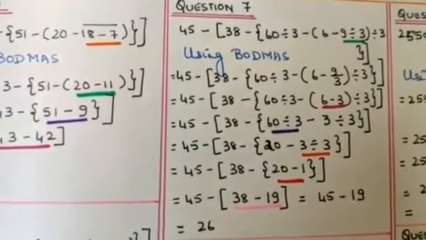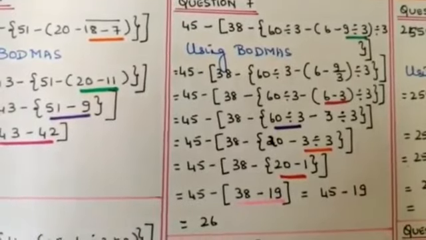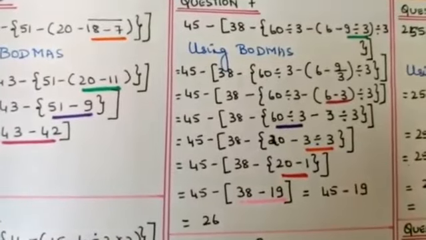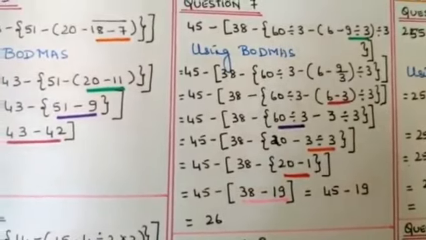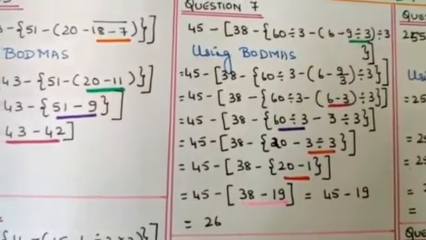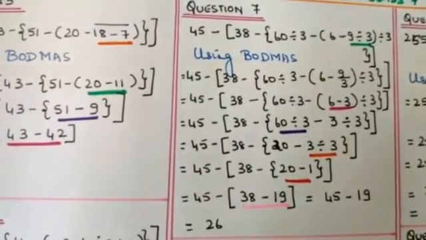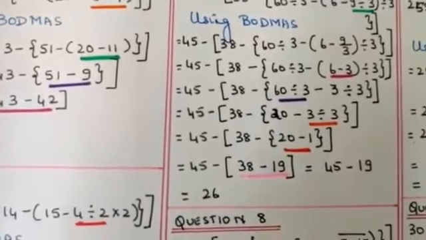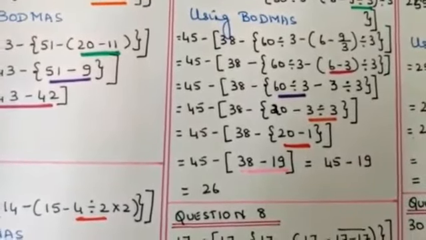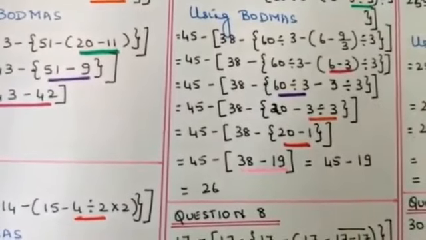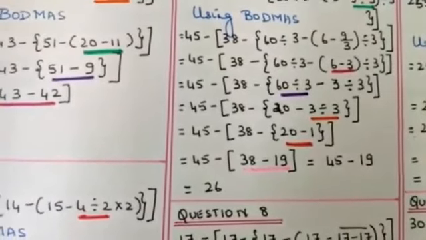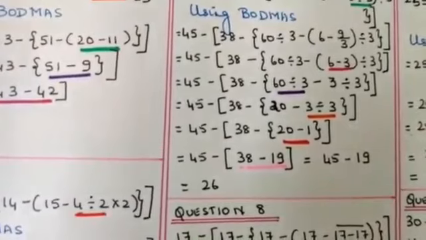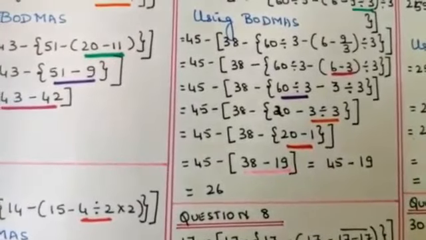It says 45 minus 38 minus 60 divided by 3 minus 6 minus 9 divided by 3 divided by 3. So solving the simple brackets, you put 6 minus 9 by 3, that becomes 6 minus 3. Hence the equation becomes 45 minus 38 minus 60 divided by 3 minus 3 divided by 3. In this flowery bracket you have two division signs.